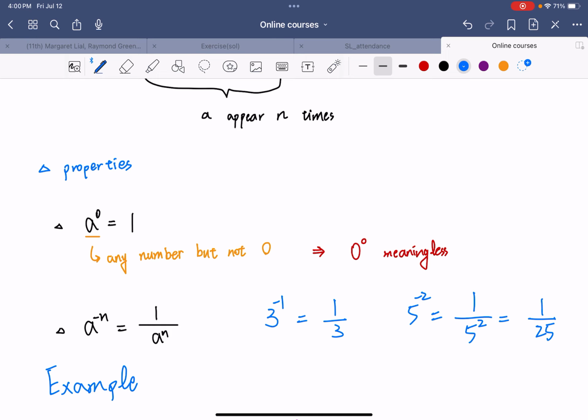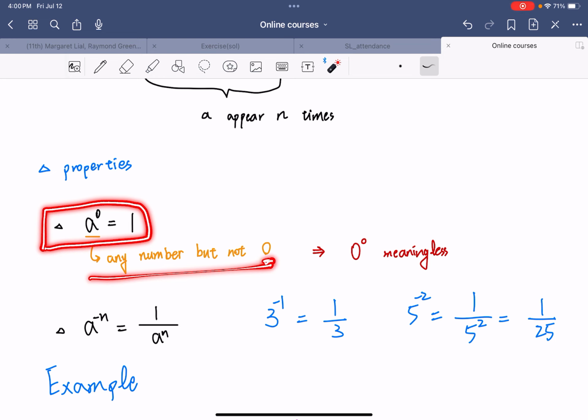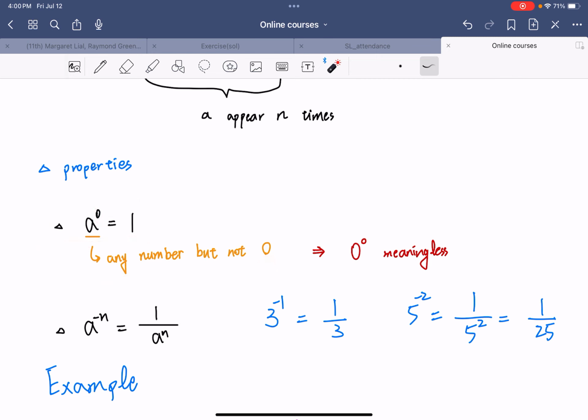Okay, so there are two properties that we're going to discuss in this lesson, and one is that any number as the base, but not 0, remember, no 0, with power of 0 will always become 1.